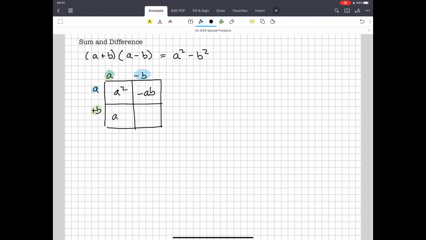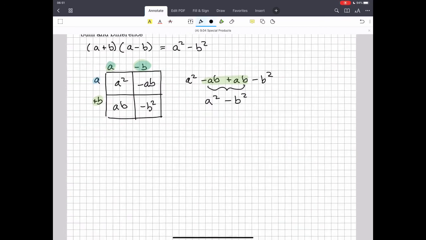Well, that's going to be ab. And then positive b times negative b, that's negative b squared. And when I write this out, I get a squared minus ab plus ab minus b squared. And here's what happens. These are exact opposites. And when I combine those like terms, they effectively cancel each other out. So I'm left with a squared minus b squared.